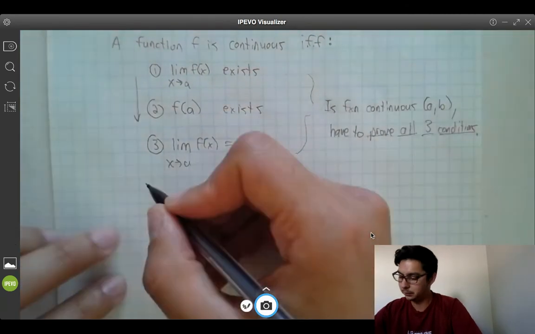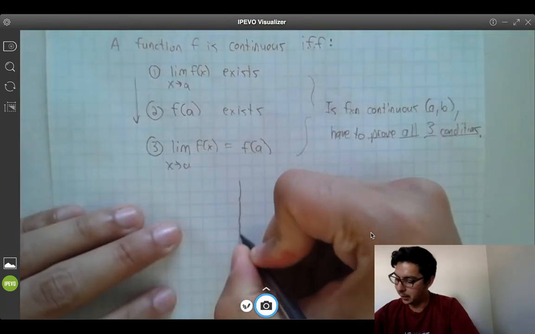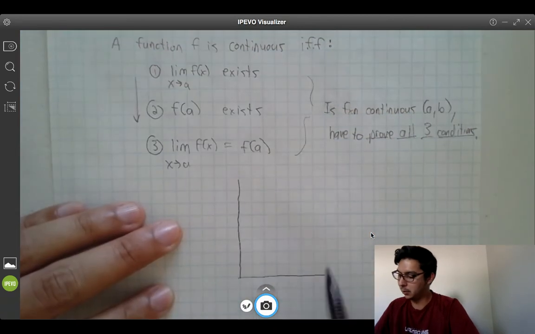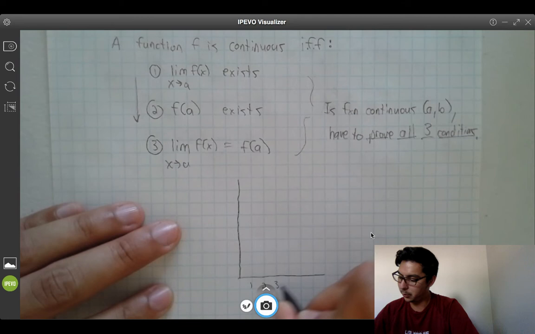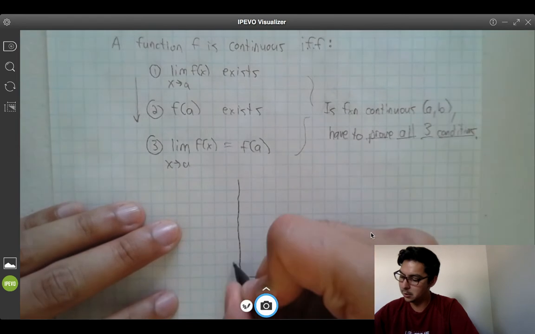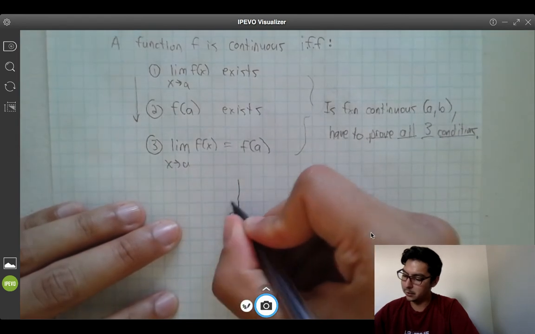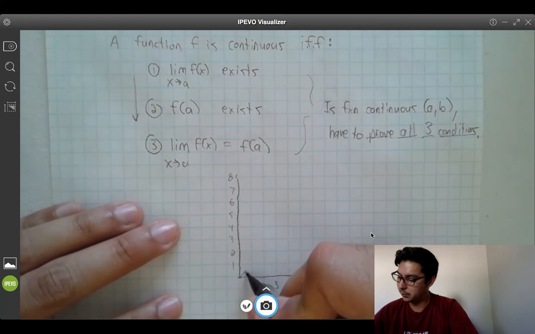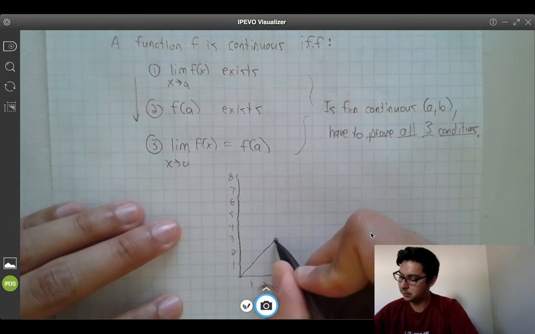All right, so I'll make a graph here. Hopefully don't go too far over where my face doesn't get in the way. I'll go 1, 2, 3, 4, 5, 6, and 2, 3, 4, 5, 6, 7, 8. And I'll make a graph that does something like this.